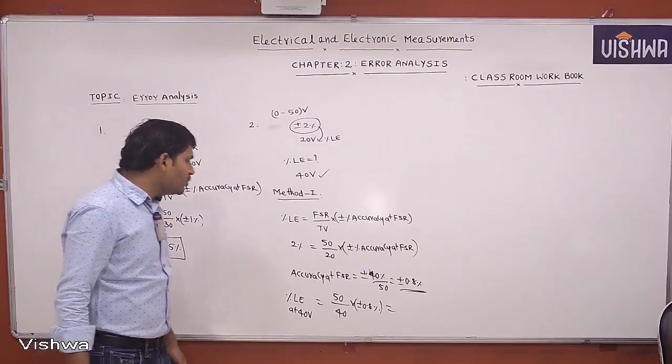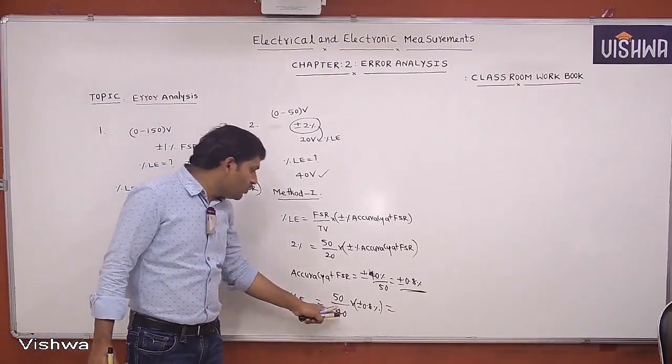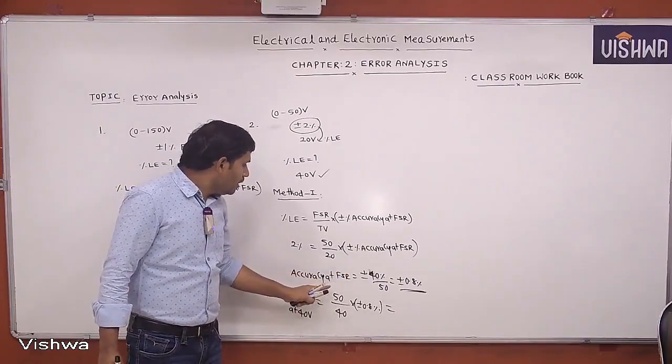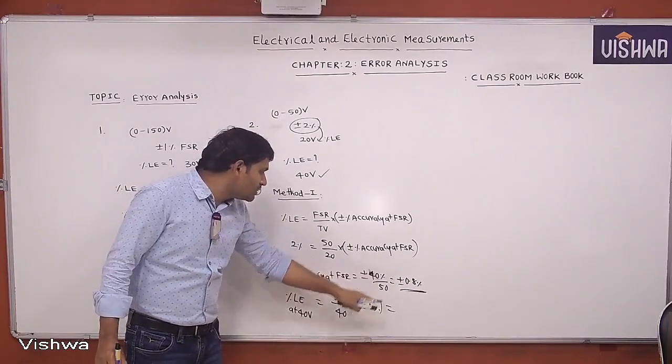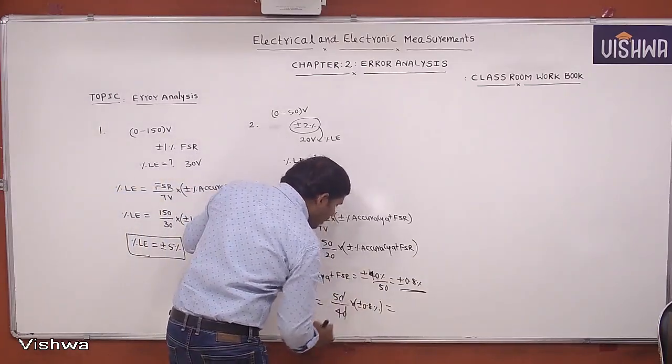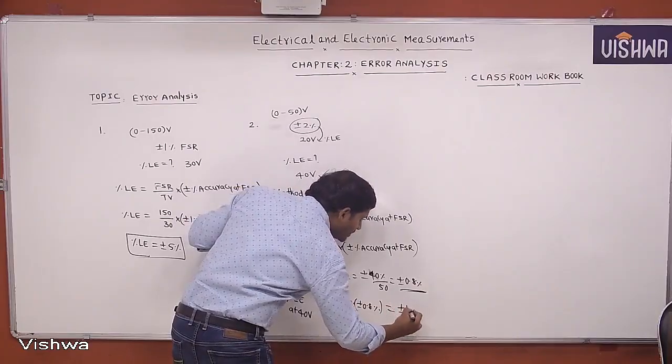Then how much do you get at 40 volts? The previous was the limiting error at 20 volts, and this is the error at full scale. You want to calculate at 40 volts. Then how much can you get? That is plus or minus 1%.